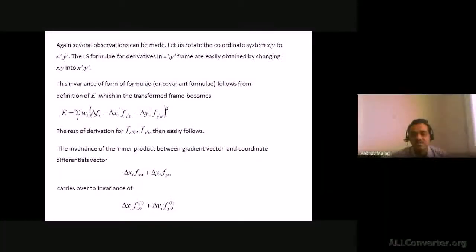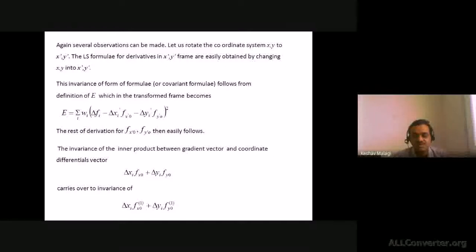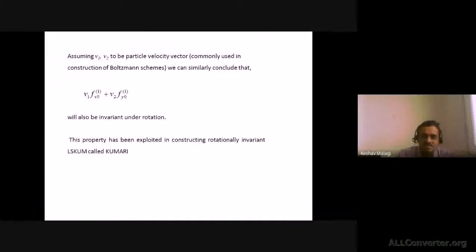Okay, and that has imbibed the invariance of fx and fy to its numerical approximation also. So the numerical method has inherited the rotational invariance that is there. Okay, so this is a good property of the scheme.